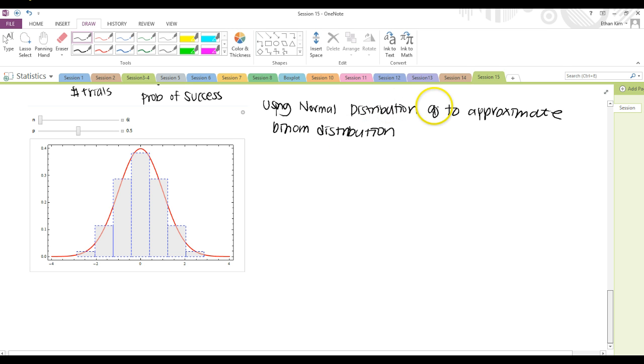Okay, and there is something that you need to know. We use it when these conditions are met. Okay, so the conditions are as follows. First is when n is large. Okay, and by large we mean 30 or more.